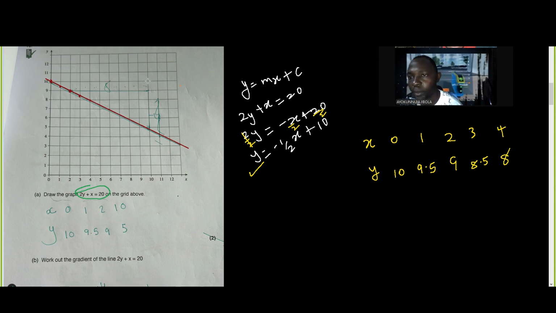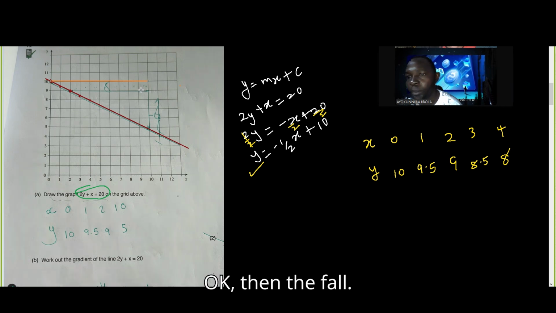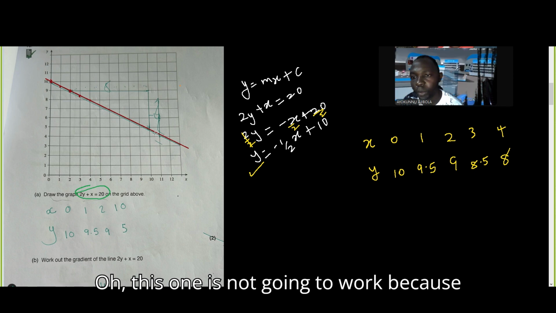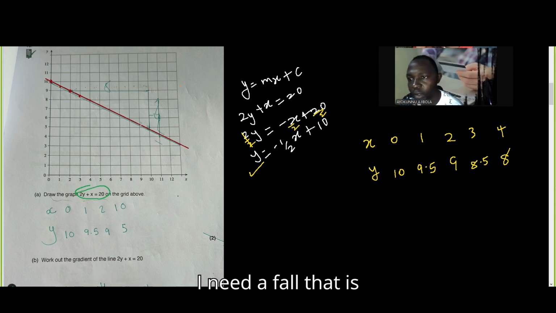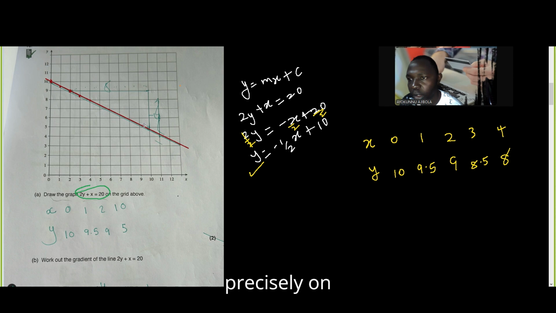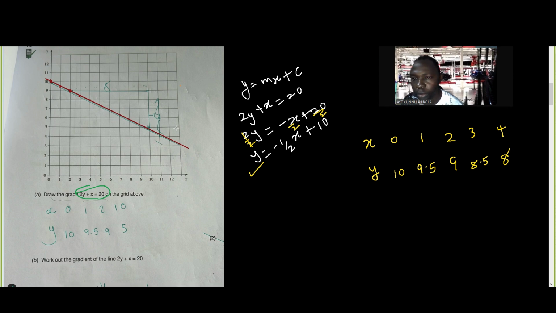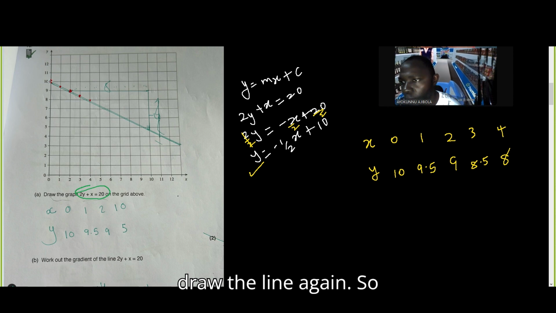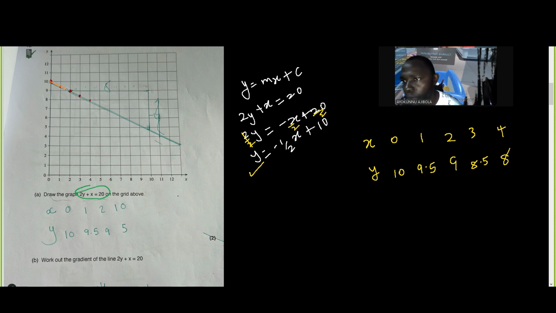Let me try it again. Then the fall, oh, this one is not going to work because I need a fall that is precisely on the line. I think I need to draw the line again. So let's see.